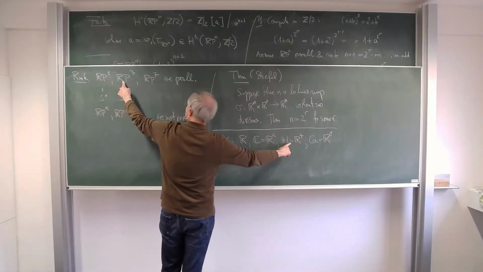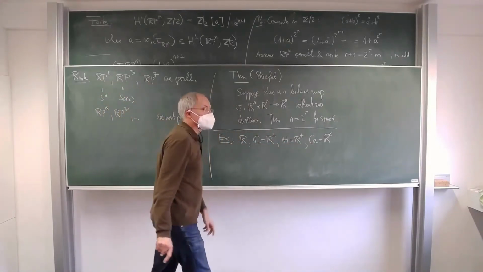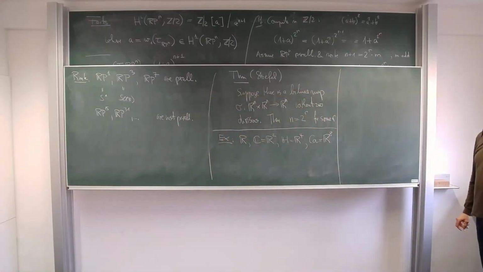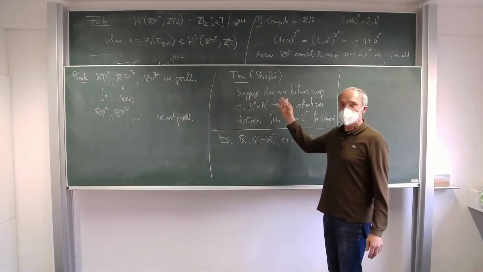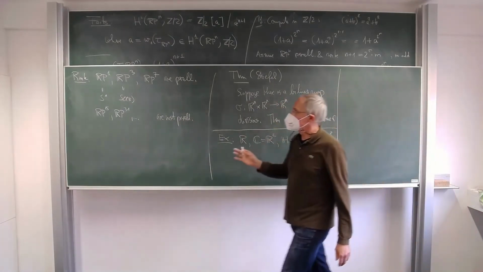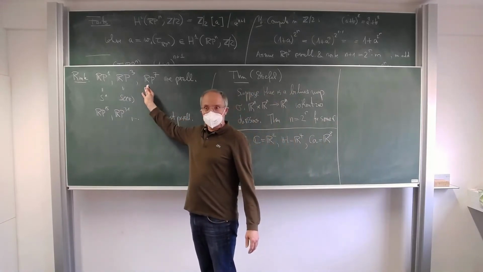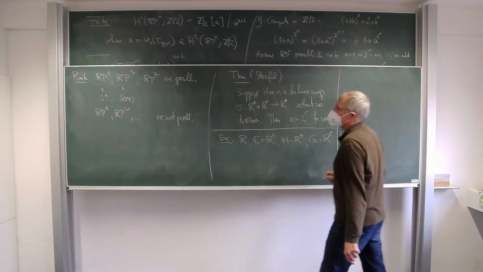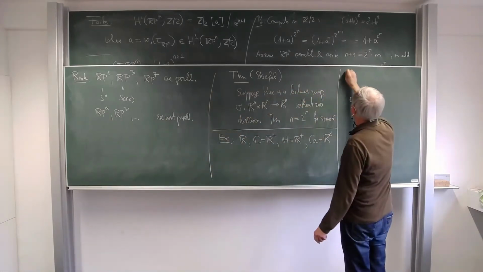This corresponds to that case, and this corresponds to that case. Let's see how this corresponds. I mean, what do these division algebras have to do with parallelizability of real projective space? So let's see that. So let me prove the theorem.